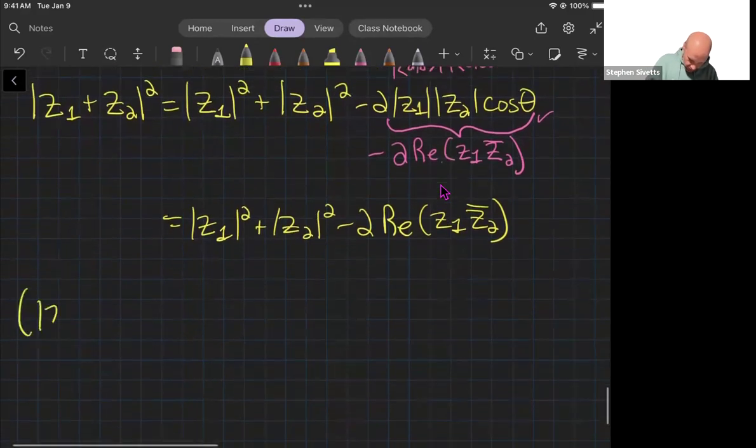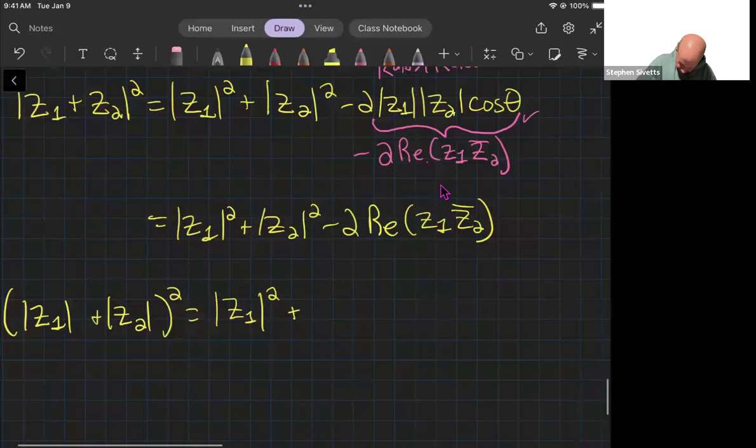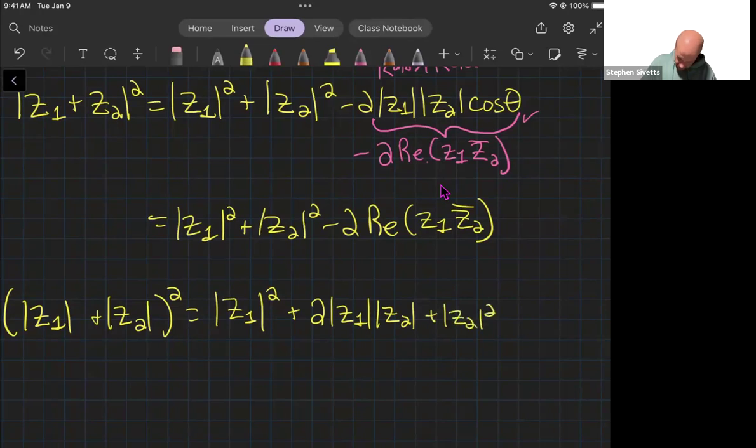And also, if I look at this quantity, the length of Z1 plus the length of Z2 squared, well, if we FOIL out these two terms, that will equal the length of Z1 squared plus 2 times the length of Z1 times the length of Z2 plus the length of Z2 squared.